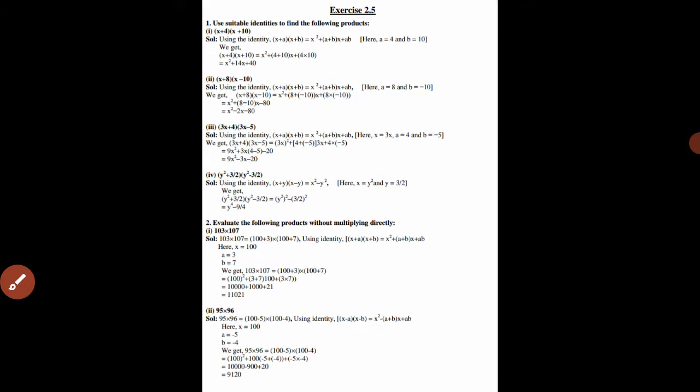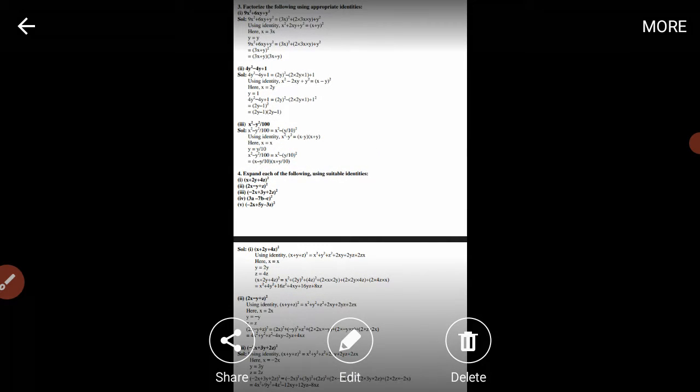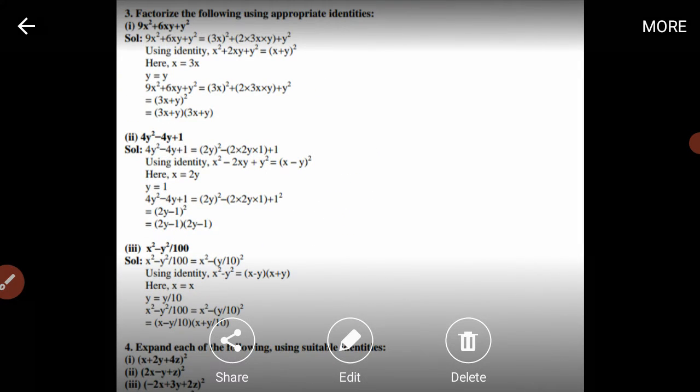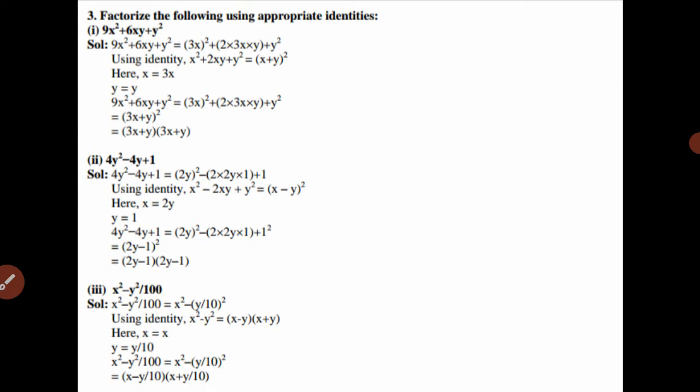Now question number 3. In question number 3 we have given, factorize the following using appropriate identity. So here also we have to use appropriate identity for solving it. So in first case we have 9x square plus 6xy plus y square.